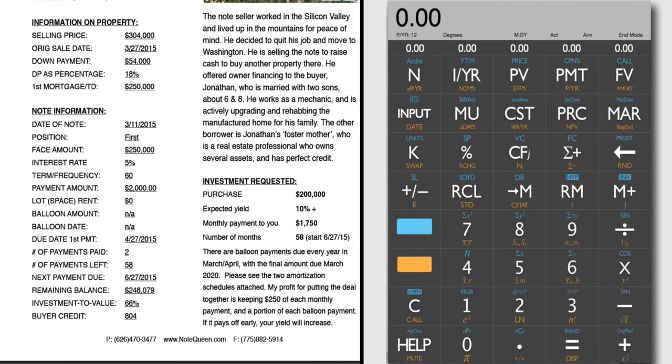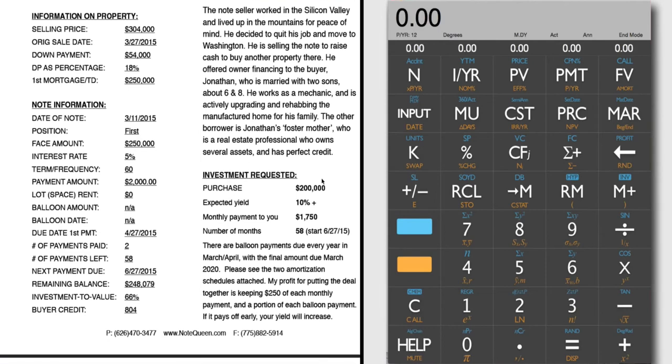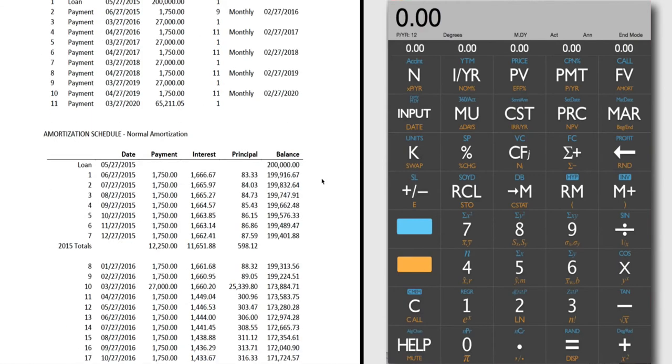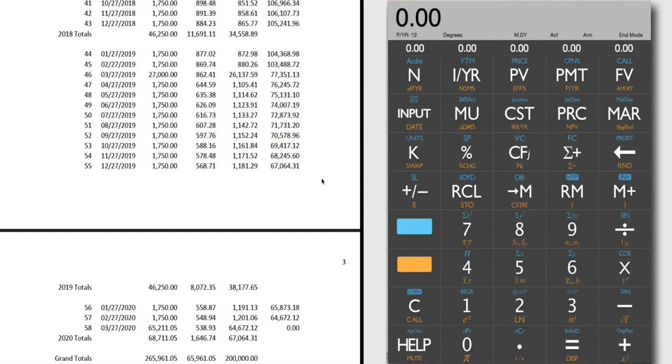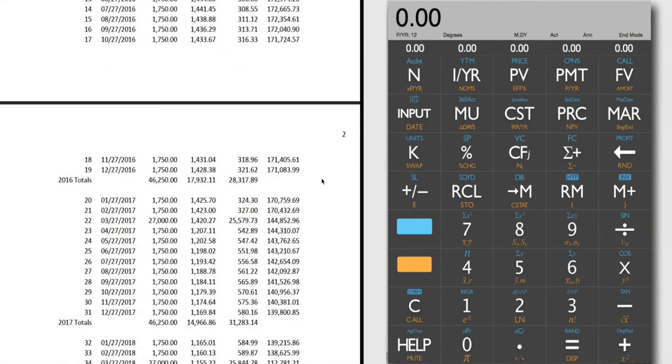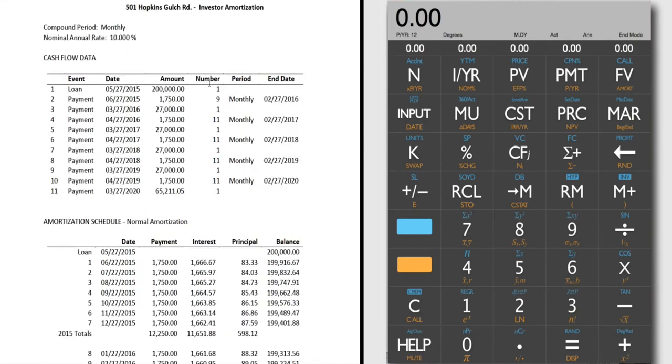Because they can't go onto an online calculator and just get this to work out. So basically, in the traditional sense, I'm going to work off of this amortization. Here's the way I'm getting paid for this, because this is basically a little bit less than what I'm actually paying for the note.